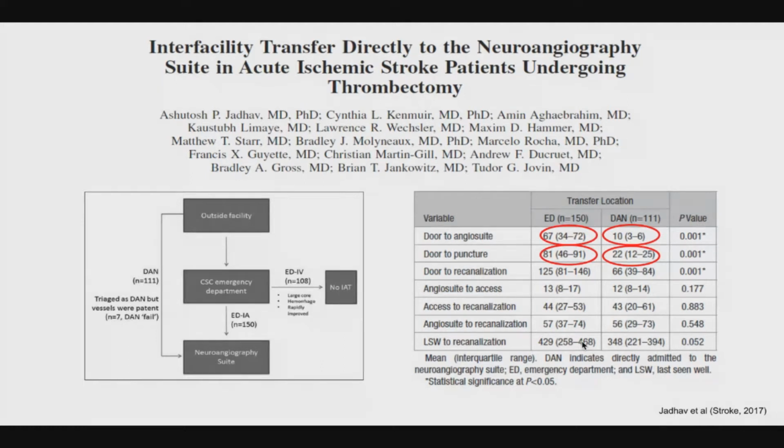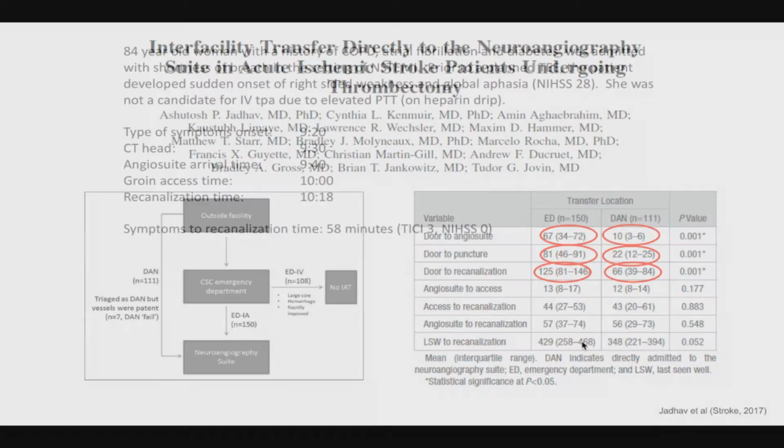And door to recanalization, again, was almost half of that time. The reason for that is that the patients who were transferred did not have to go through that advanced imaging process, did not have to have CTA, CT perfusion, and the ones that came through the ER had all these advanced imaging techniques before they went for treatment.